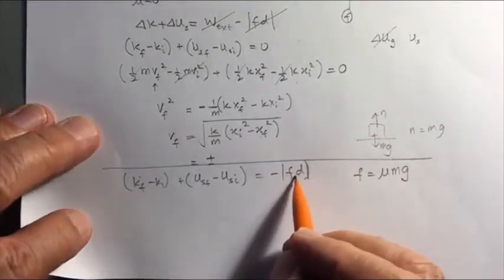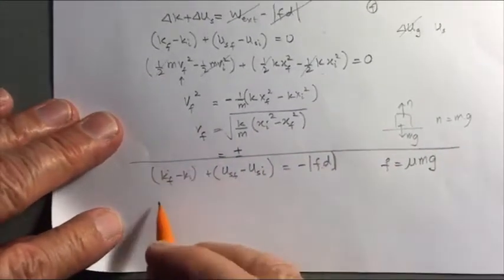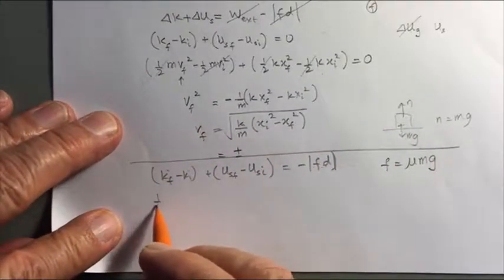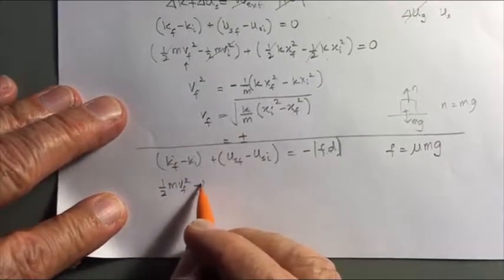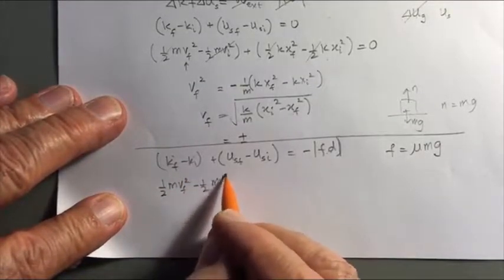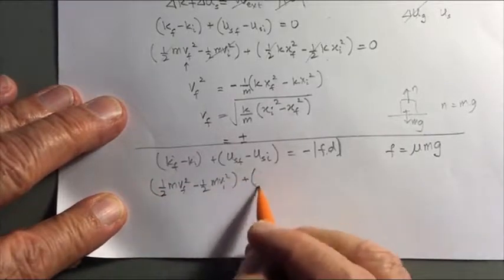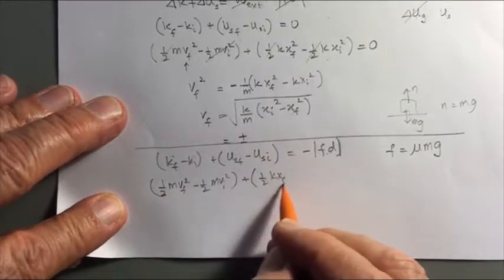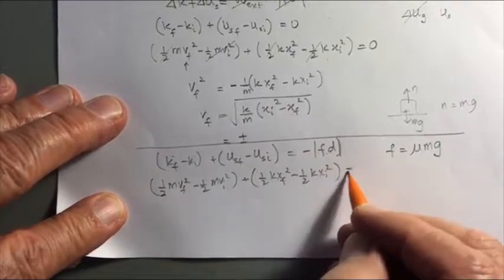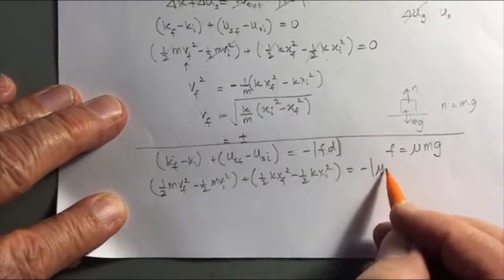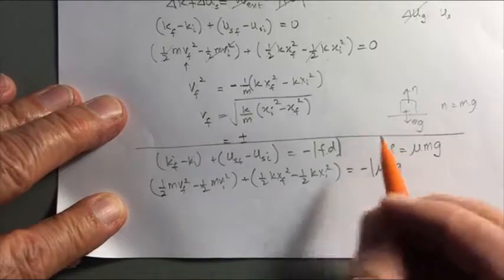So we can plug that in here, and then we have the rest of the equation just as we had before. Half mvf square minus half mv initial square plus half kx final square minus half kx initial square equals minus mu mg times the d.